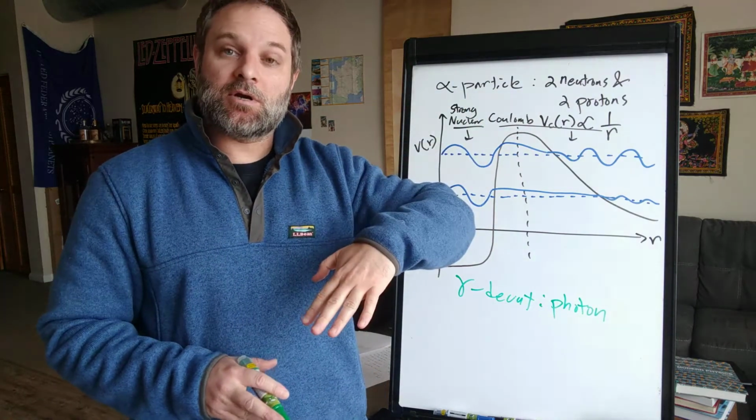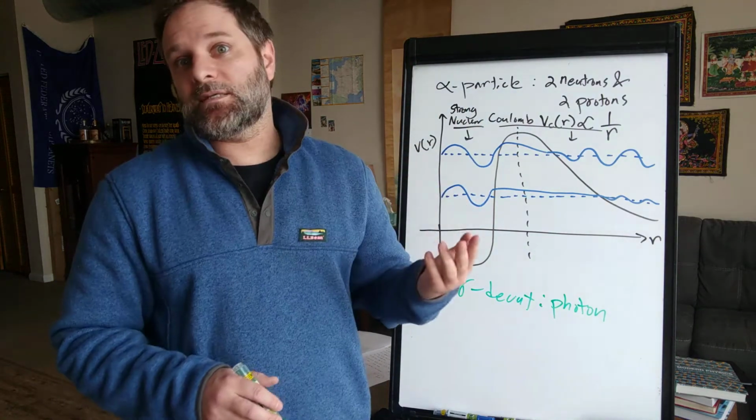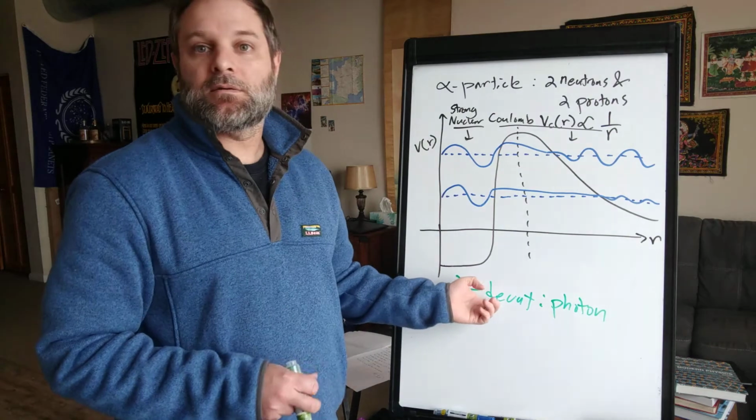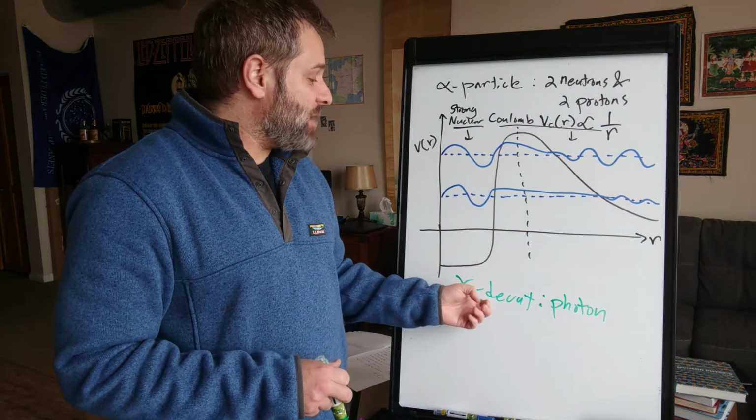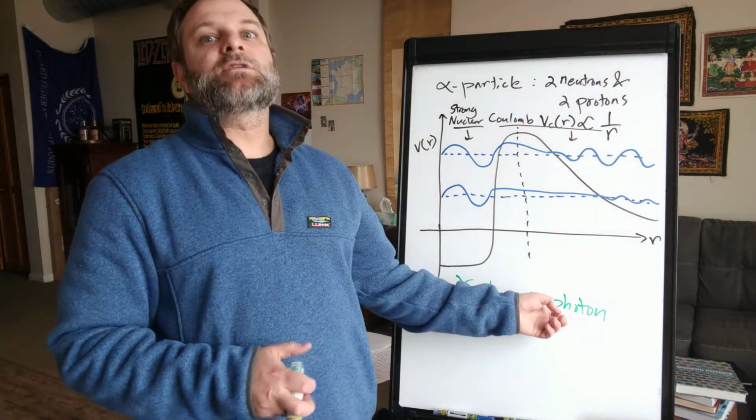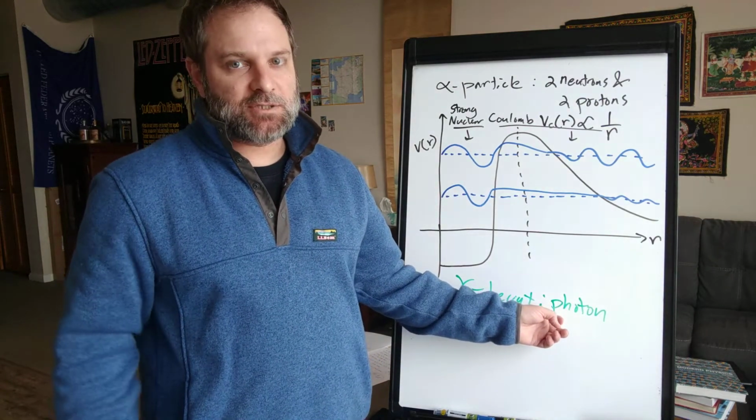So essentially the nucleus can change its internal configuration to move from a higher energy state to a lower energy state. And as it does this, it emits a gamma particle, right? The difference is that these gamma particles, these photons, are extremely high energy, in fact quite dangerous.